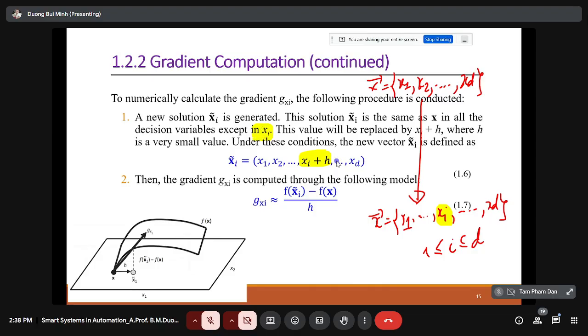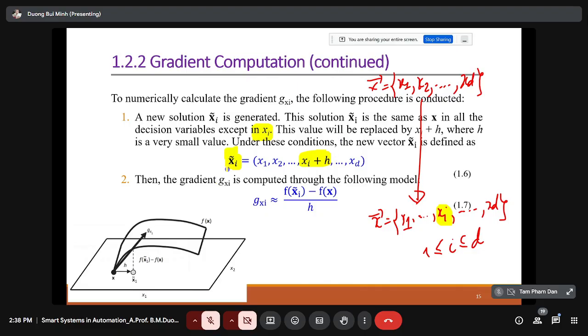Now I update xi to become xi plus delta x. When we update this, we get the new vector.